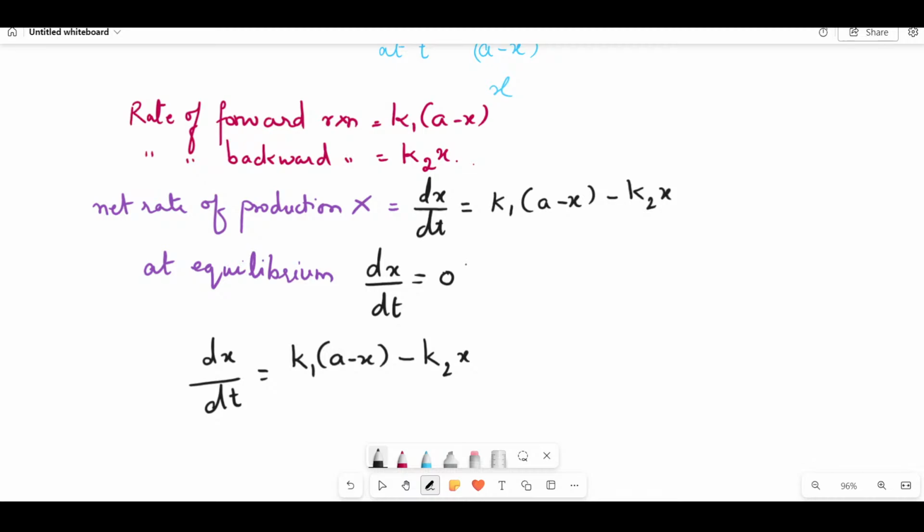So dx by dt at equilibrium will be equal to 0. That is, xe is the concentration at equilibrium.